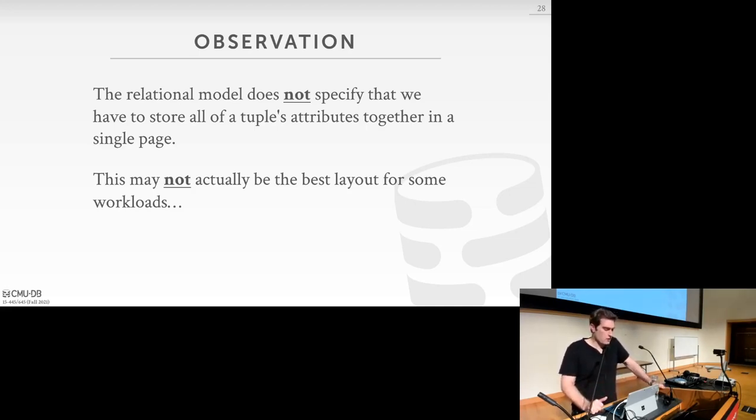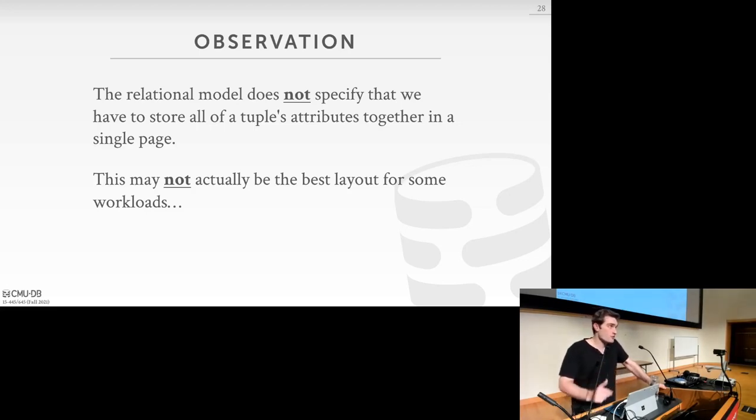But going a step further, there's nothing that says that we have to store a tuple's attributes together in a single page, as consecutive bytes, as we've been doing. I think I mentioned early on that there's this notion of a row and why that might be different from a tuple or a record. That's because the row storage layout assumes that all of the different attributes in a tuple are stored consecutively.